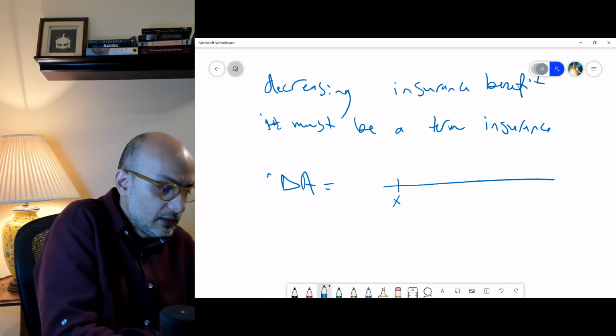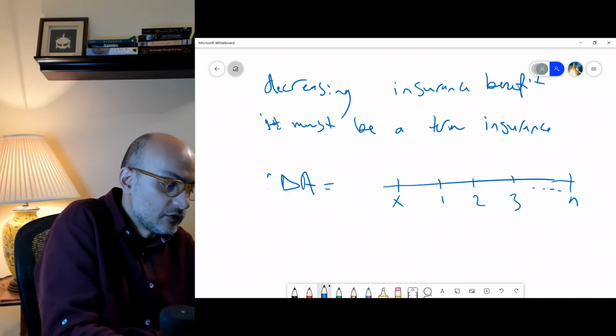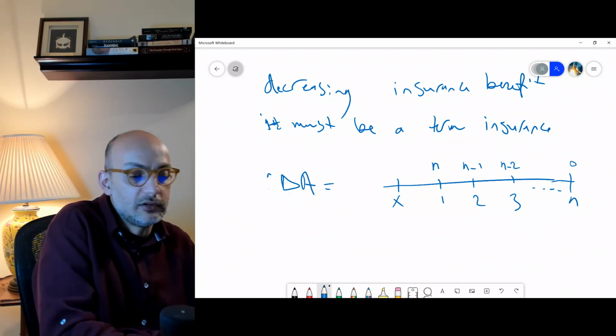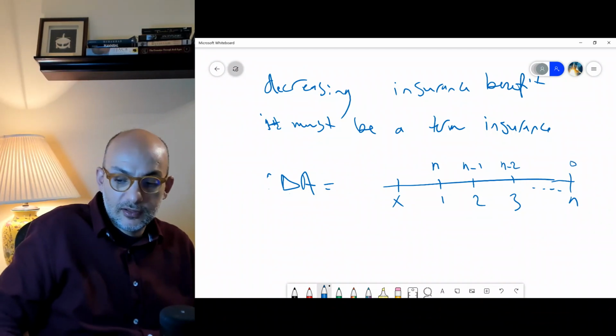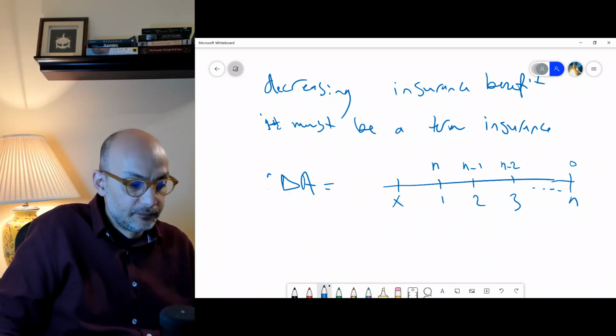You start with x up to n. 1, 2, 3. So we'll start here at 0, of course. Now here we start with n. n minus 1, the benefit. n minus 2, all the way. And this is the decreasing benefit.